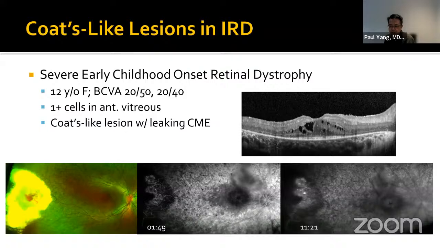And then on angiography, you see there's abnormal vasculature with leakage. And then there's macular edema. So this is a Coats-like lesion with leaking macular edema. This is interesting. We don't know what causes it, but we do know that this is yet another finding in IRDs.